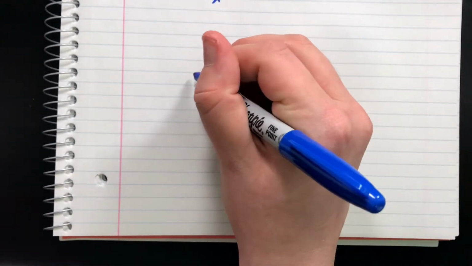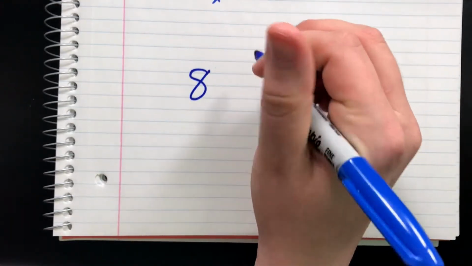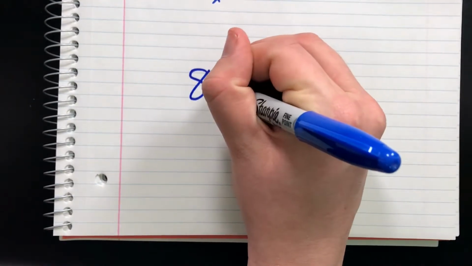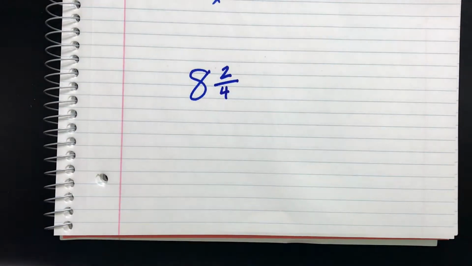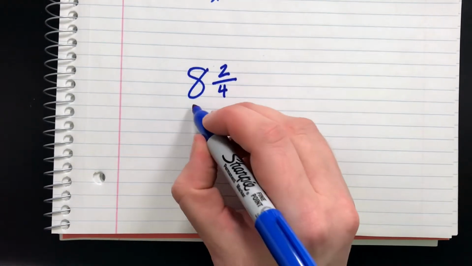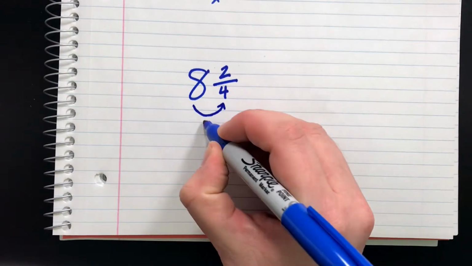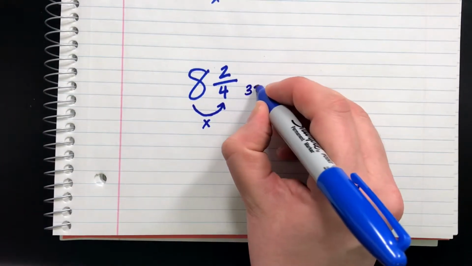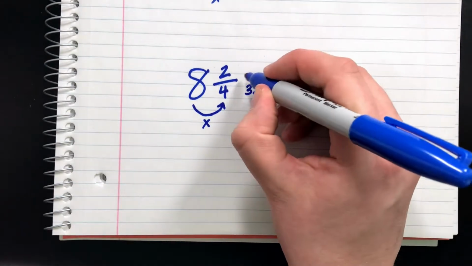All right, one more. Okay, let's see. Let's do 8 2/4. All right, so 8 times 4 gives you 32, okay?